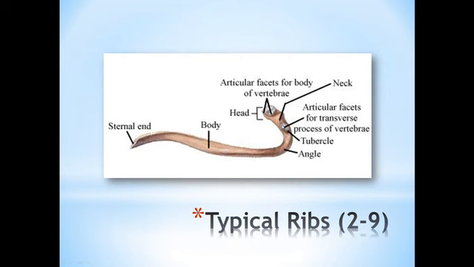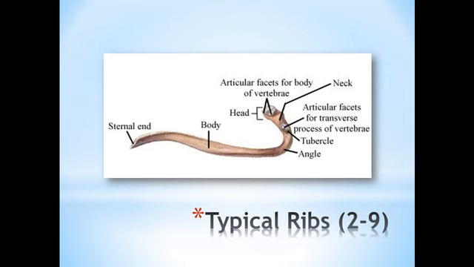So when I look at a thoracic vertebra, we'll see that there is an articulating facet on the inferior aspect of the body, and there is an articulating facet on the superior aspect of the body for 2 separate ribs, and then there's a corresponding articular surface on the transverse process.